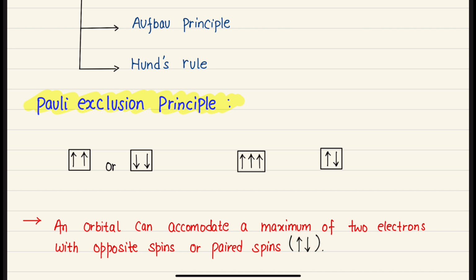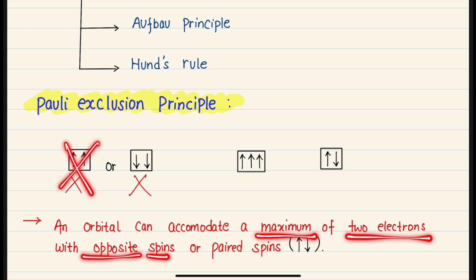That is shown like this. So it means this one is wrong. We cannot fill the electrons like this in the atomic orbital. This is also wrong because here both electrons have the same spin, but Pauli said electrons should be filled with opposite spin, and a maximum of two electrons in one atomic orbital.